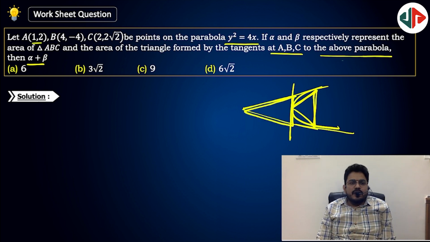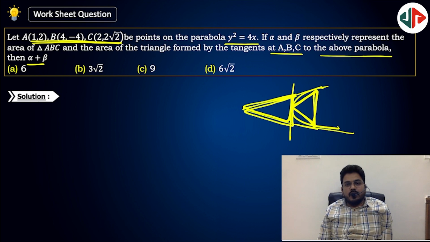So you just find out the area of these 3 points. The area of these 3 triangles, into 3 times you are going to get, because you check this area and you check that area. Simple. Okay. So this area is double to this one. So total is 3 times of this. So what is the area of this one?